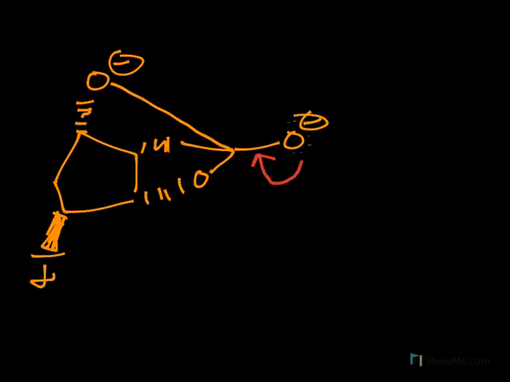And when that happens, this moiety right here is going to be your leaving group. And the bond you created here is no longer negatively charged, because you created a bond.